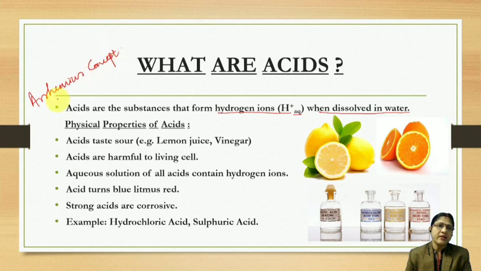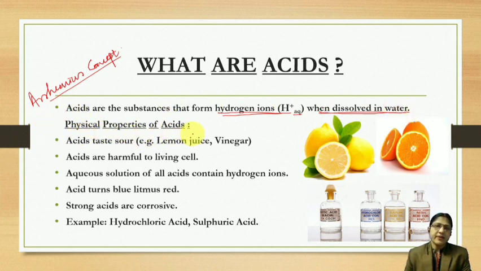There are so many definitions. In higher classes we will study it again, different concepts, Arrhenius concept, Bronsted and Lowry concept. So at your level, just remember acids are the substances that form H plus ions, hydrogen ions, when dissolved in water, that means in solution state.